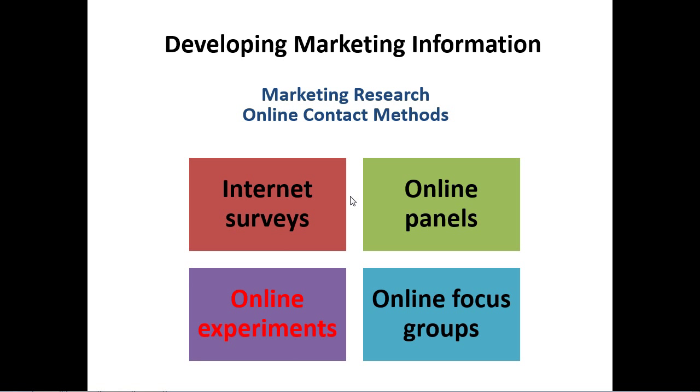And also, they have online panels, which are really where people kind of chronicle a diary. You may want to, for example, follow someone as they are searching online for, let's say, a new pair of shoes, and you would pretty much track them. You can do it with software. You can track them to see what kinds of information they look for, how long it actually takes them to make a decision.